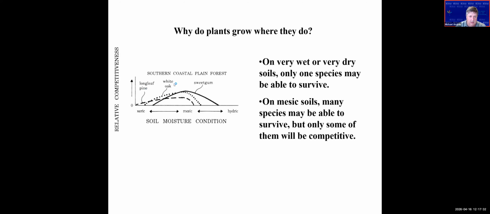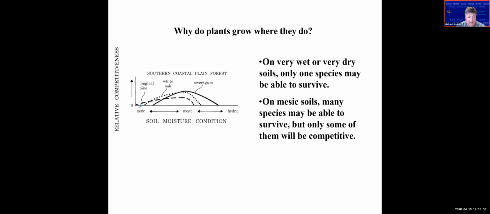White oak tends to be on drier sites, not in real wet conditions. And then sweet gum, boy, that's one that can grow in wet and dry conditions. This helps illustrate the range of conditions where you might expect to see those trees. Longleaf is the dashed line, white oak is the dotted line, sweet gum is the solid line, and what you can see is their relative competitiveness.